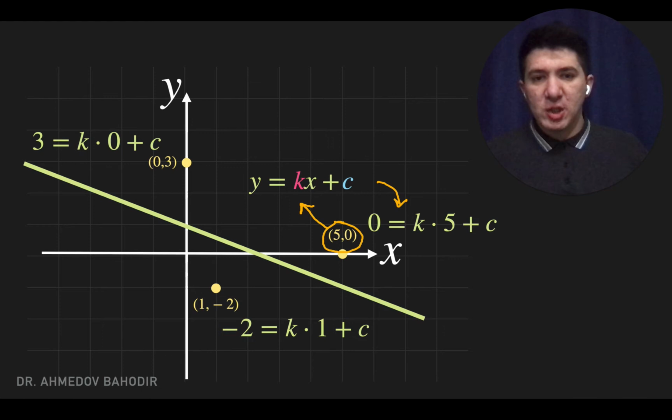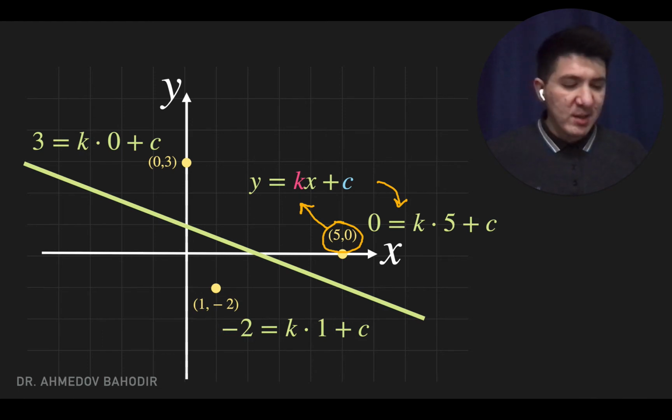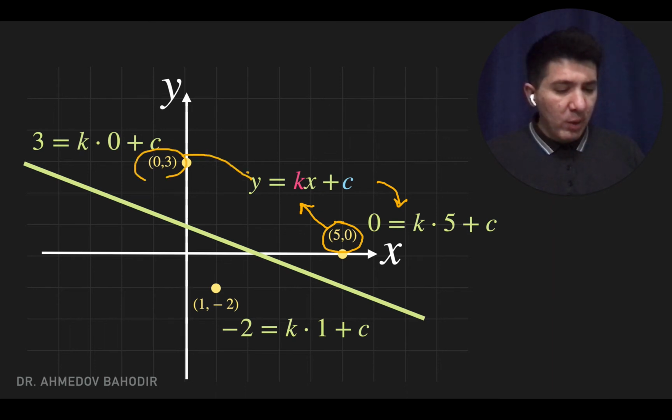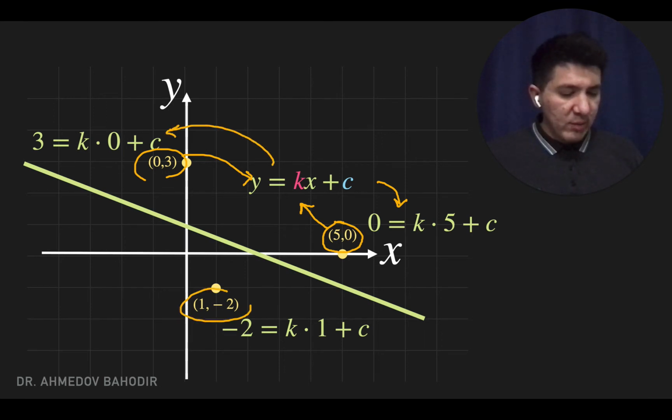So 5 should be substituted instead of x, and 0 should be substituted instead of y. If I substitute the coordinates of the second point here, I need to get the second equation. And if I substitute the coordinates of the third point to here, we need to get the third equation.